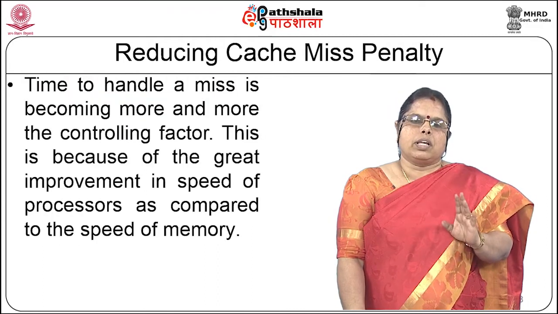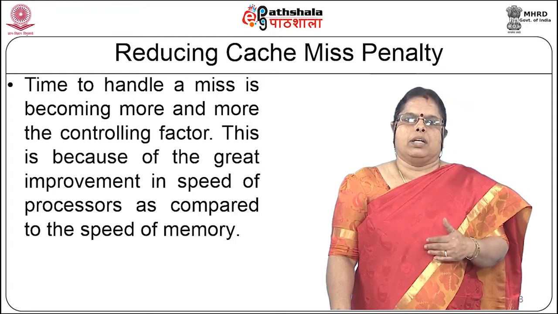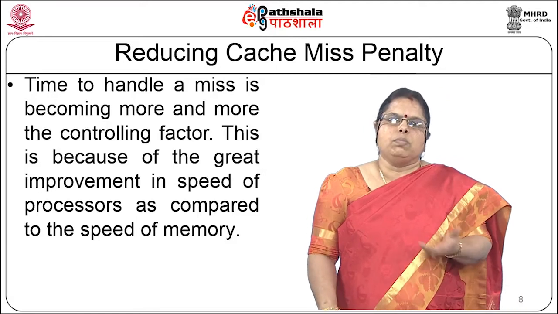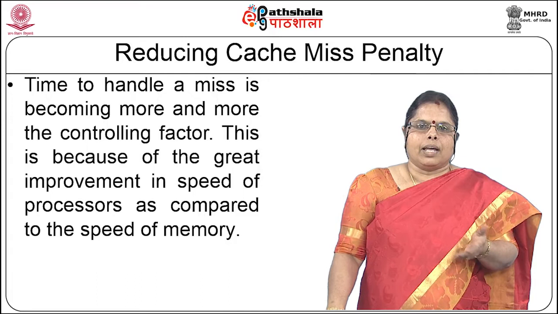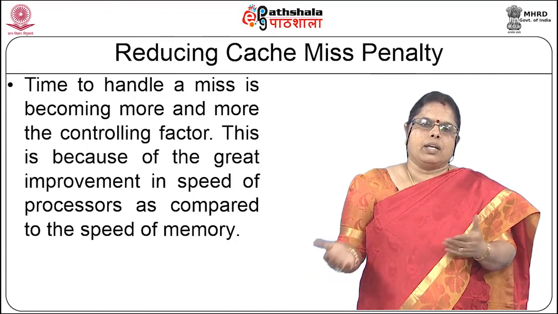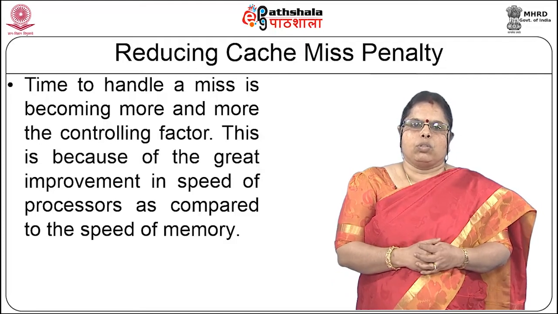The first technique we will look at concerns the cache miss penalty. What are the various measures that can be adopted in order to reduce the miss penalty? The miss penalty, as I already mentioned, is the time taken to get data from the lower level of memory, transfer it to the requested level of memory and also pass it on to the processor.